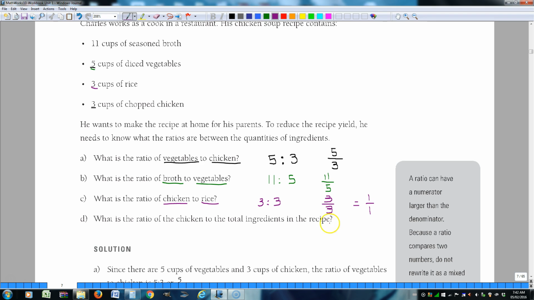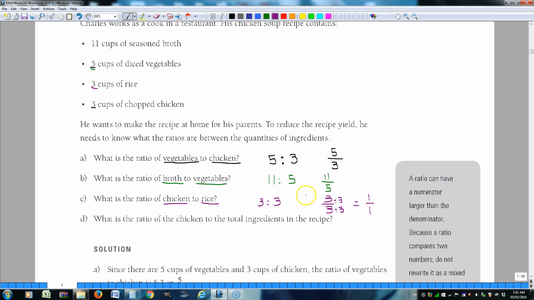If you're not sure how to reduce a fraction, there are videos in chapter 1.1 at the very beginning, I believe at example number 1, that show you how. I'll just quickly do it without too much explanation. Divide the top by 3, divide the bottom by the same amount, and 3 divided by 3 is 1, 3 divided by 3 is 1.